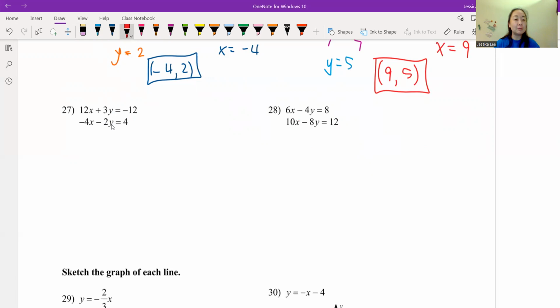All right, so here we go. X's or Y's? Ooh. This time, I know the easier way would just be to multiply the bottom by 3 so that we could get the x's eliminated. But what if we want to eliminate the y instead, right? Let's try it out. The way we would do that, we're thinking, what do 2 and 3 both go into?